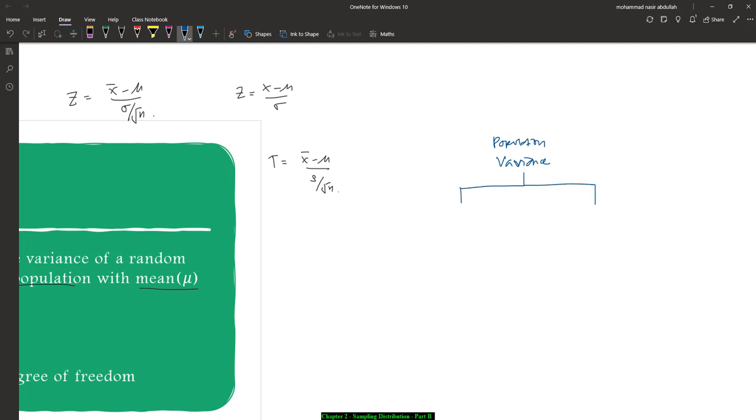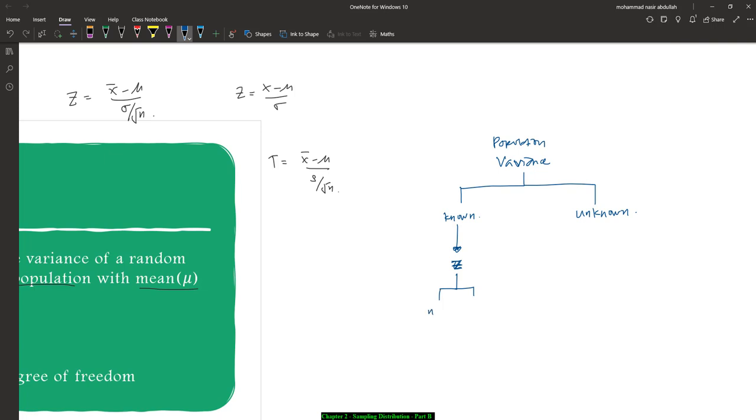When the population variance is known in a given statement, and another one is population variance is unknown. Right? If the population variance is known, we're going to use Z distribution, right? Z distribution, no matter how large or small the sample size, right?